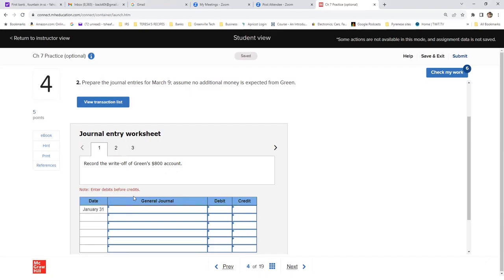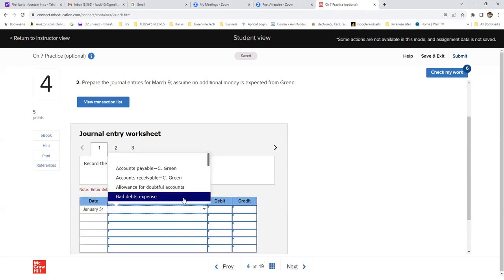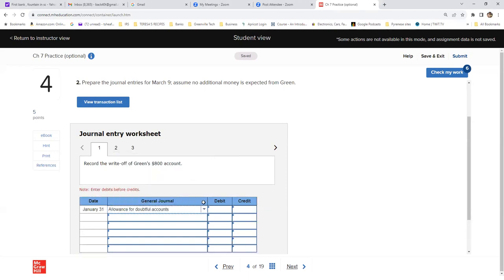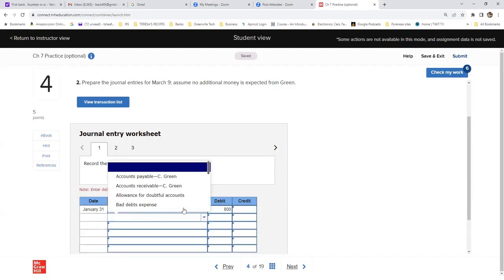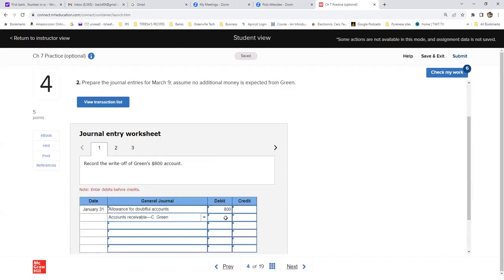All right, so this is where we get into the allowance for doubtful accounts. So we're going to debit allowance for doubtful accounts. Now, if you recall, the normal balance for allowance for doubtful accounts is a credit, okay? Then our credit's going to be accounts receivable to wipe off that amount that he owed on that account.